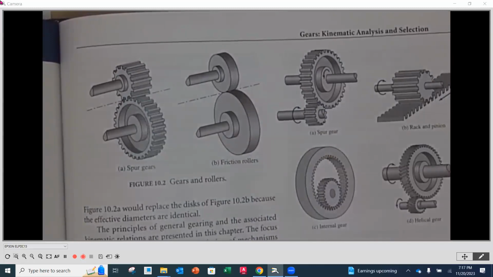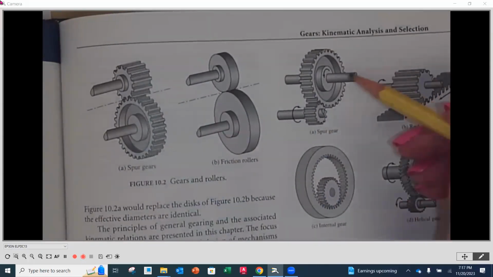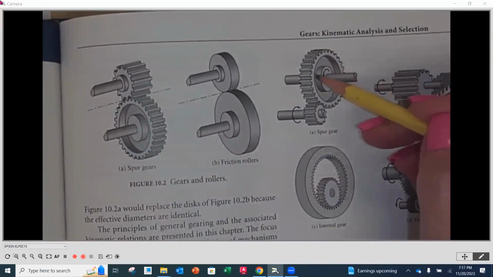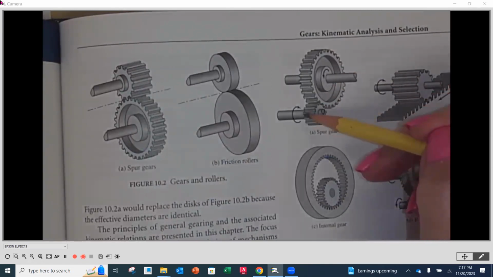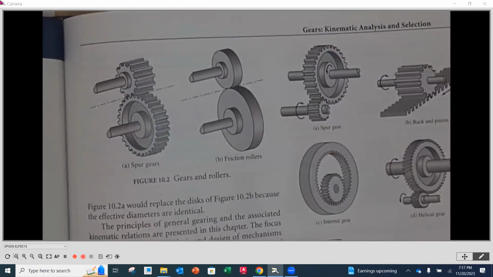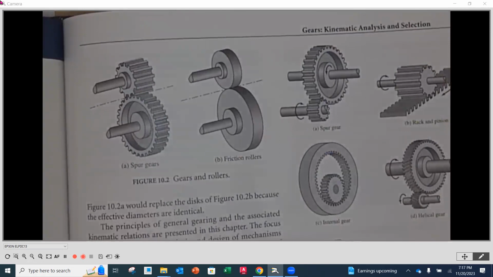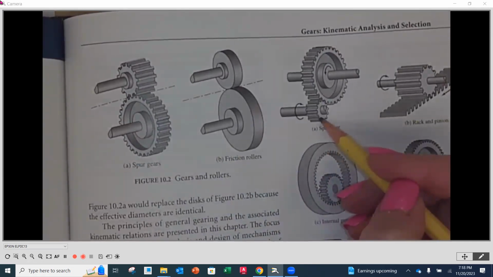We'll talk about what that's called. It's called diametral pitch, and we'll be able to calculate and determine that. You'll also notice we talked earlier that when we have the rotational direction on one gear, the other gear is going in the opposite direction, just by the nature of how the teeth engage and how the motion is going to be relative to one another. So the first kind is going to be spur gears.